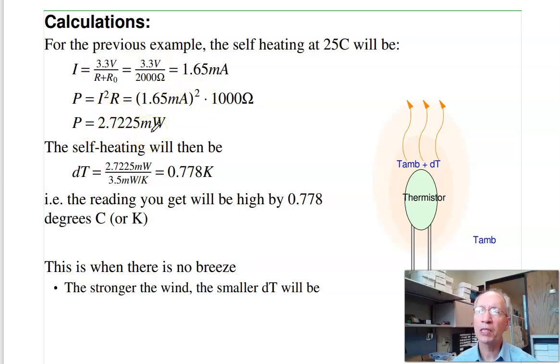At 3.5 milliwatts per degree Kelvin, it's actually 0.778 degrees above ambient. So when I measure air temperature, it's not actually air temperature, it's air temperature plus 0.778 degrees Kelvin. That's when there's no breeze. If there is a breeze, I get more cooling, and the dT will get smaller and smaller.